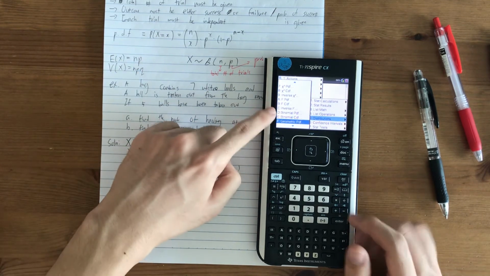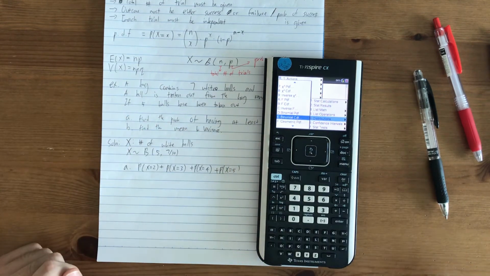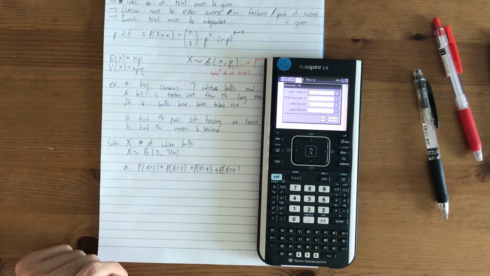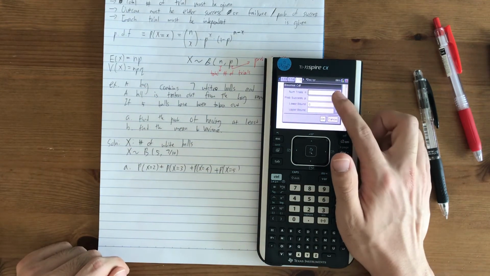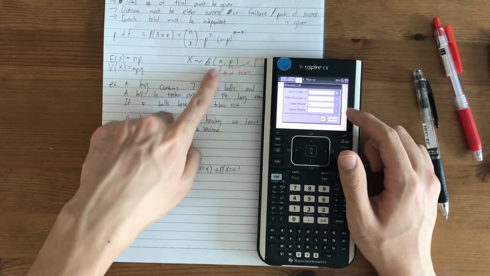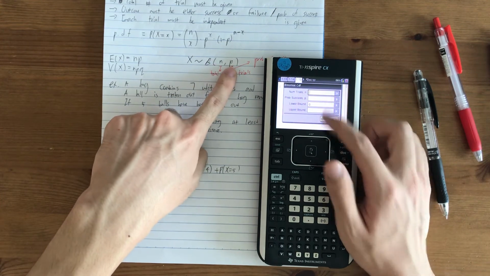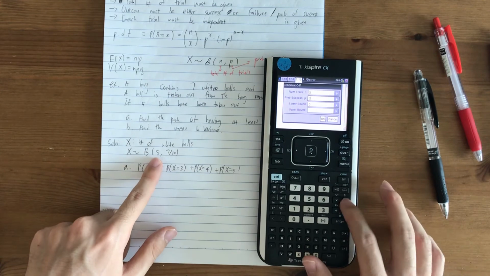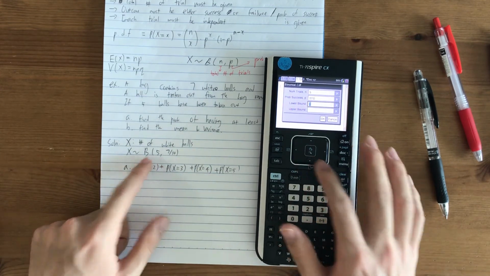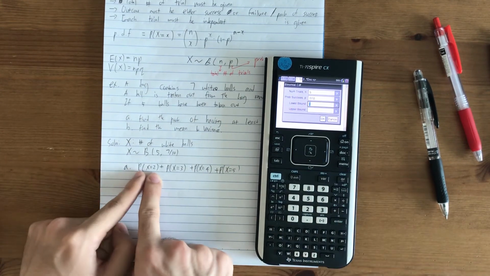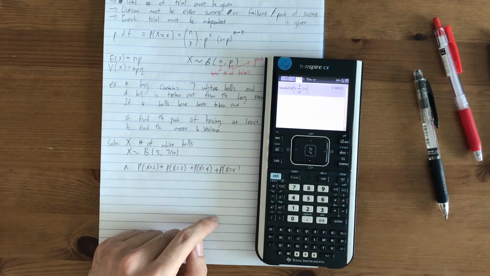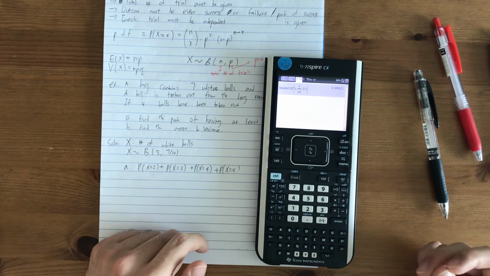CDF means cumulative, so this is definitely cumulative. So we go for CDF, and it asks for the number of trials, which are the parameters. The number of trials here is 5, the probability of success is 7 over 10, and the lower bound is 2. We are looking for 2 to 5, so 2 and 5, and you will have the value. So you don't really have to calculate it by yourself.